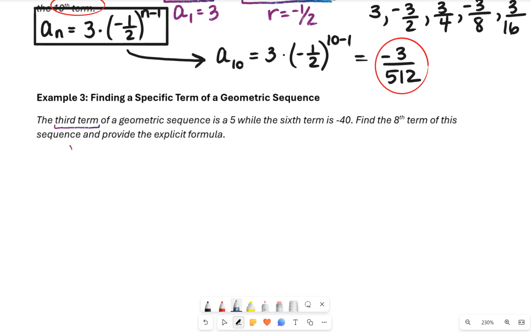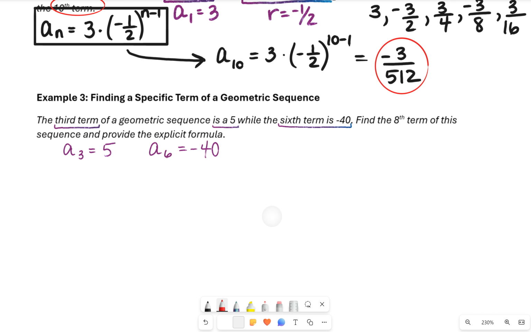So I'm going to write A sub 3 is 5. And then they said the sixth term is negative 40. So A sub 6 is negative 40. They want us to find the 8th term and provide the explicit formula.